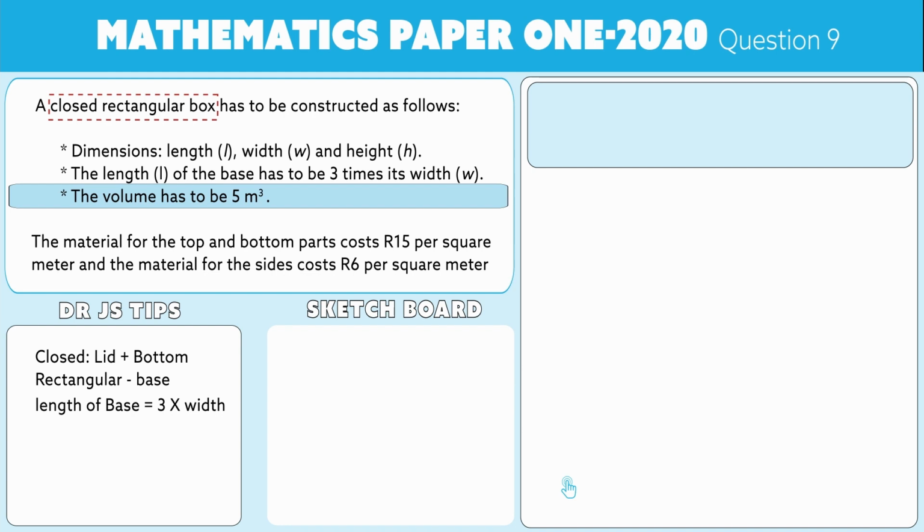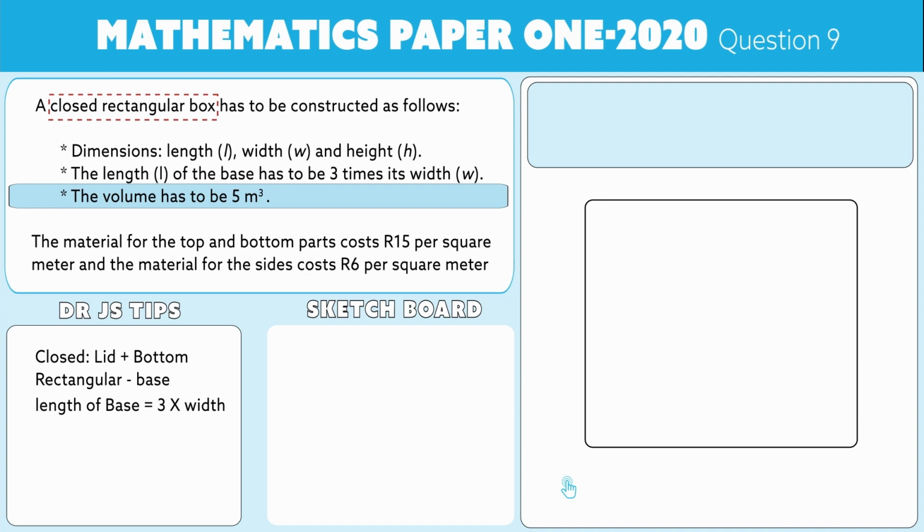Okay, so let us try and sketch this box and see what we get. Very important, I'm going to put it over here so we do not forget: the volume is 5 cubic meters. Now remember, this is a rectangular box, so we are working with something that looks like this.